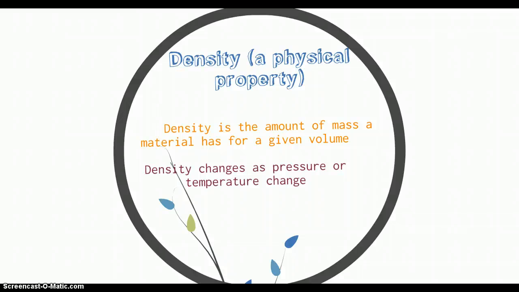The way you can think of it is how much stuff is packed into a space. If you have a box that is really huge, but there's nothing inside it, it doesn't have a very high density because there's not a lot of mass inside. On the other hand, if you have a really small box, but you have a ton of little bricks inside it, that's going to have a really high density because you have a bunch of mass in one space.